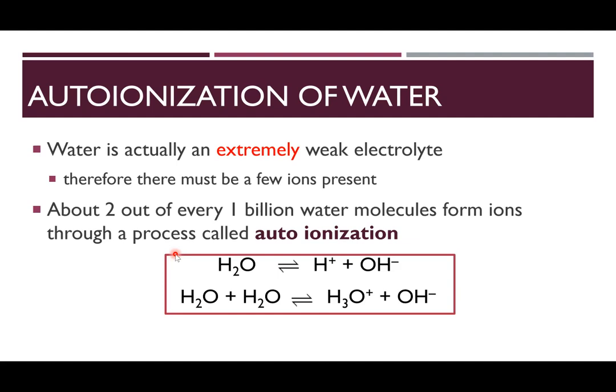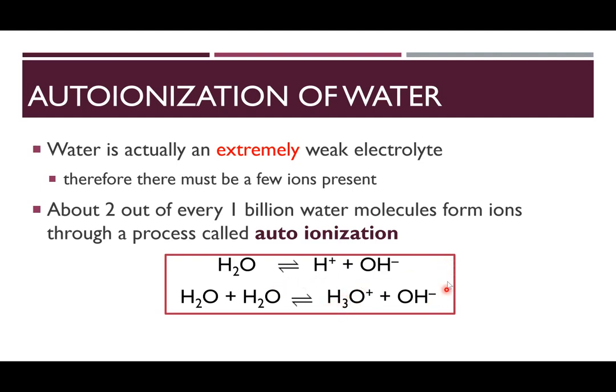So here are the chemical equations to show this auto-ionization of water. First, we've got our H2O molecule, and 2 out of every 1 billion molecules will break down into ions, hydrogen ions and hydroxide ions. Of course, if we have these hydrogen ions in the presence of water, this hydrogen ion will latch on to a molecule of water and form H3O.